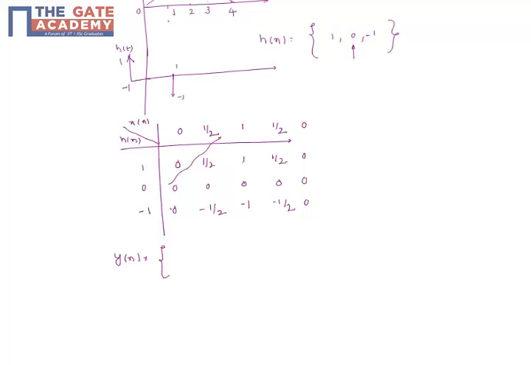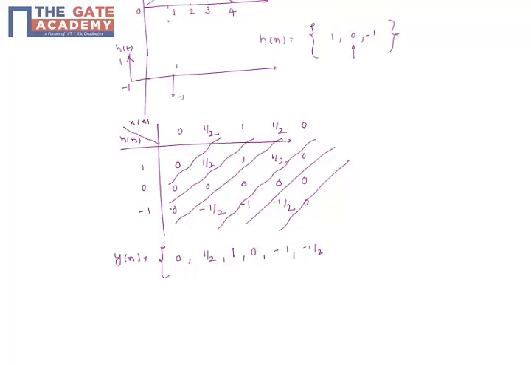You can see here, 1, 2, 3, 4, 5, 6 and 7. So this is 0, then 0 plus 1 by 2, which is 1 by 2, next is 1, then 0, then minus 1, then minus 1 by 2 and 0. This value started with n equal to minus 1, and it is 0.